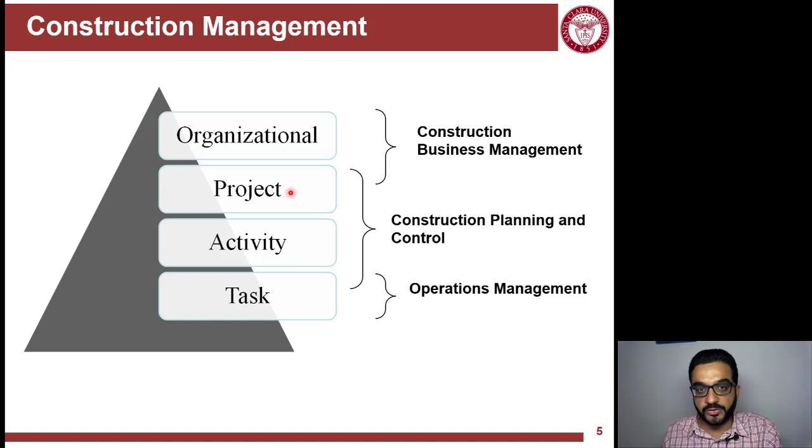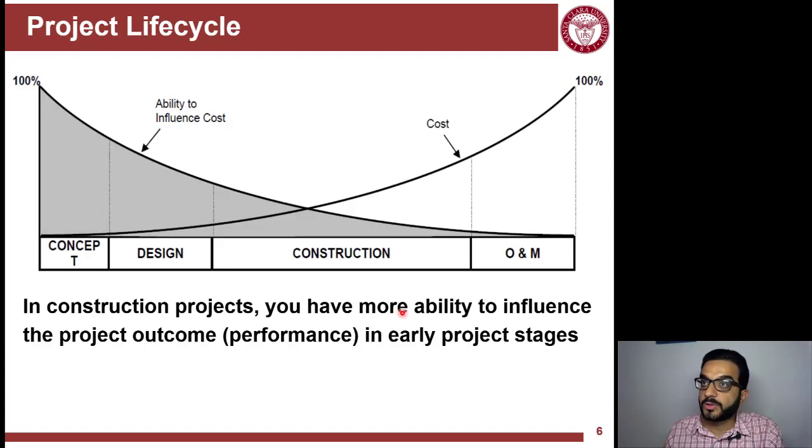So they're mainly concerned with the project budget and how the activities of construction will be handled. And then the detailed management of the tasks or activities within the project is the scope of operations management. So superintendent and foreman, this is the level where they make decisions.